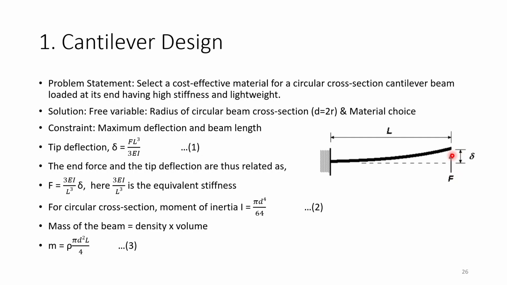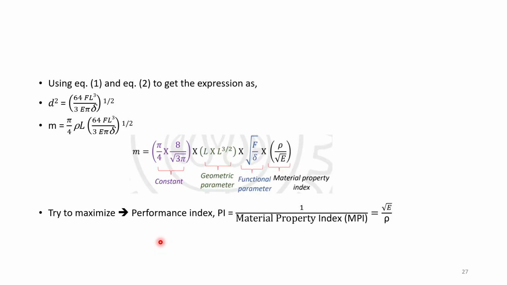So here this much is your deflection and this is your length, and force is applied in this direction. So the mass of beam can be given as density times the volume, and your mass becomes equals rho pi d square L upon 4. Now using equation 1 and 2, we can get d square equals the square root of 64 FL cube upon 3E pi delta.